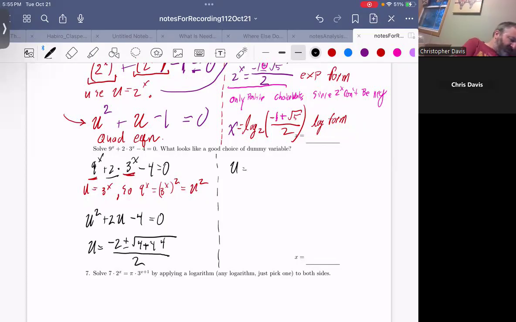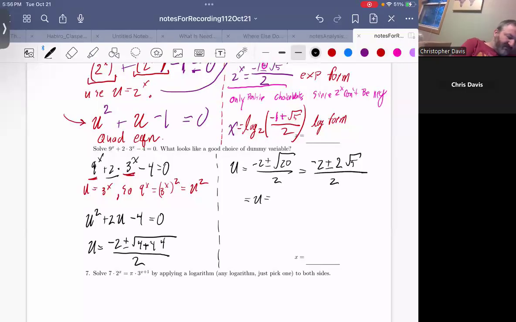So looks like I'm getting u equals negative 2 plus or minus root 20 all over 2. But if you keep staring at that a little bit longer, 20 has some perfect square factors. Negative 2 plus or minus, 20 is 4 times 5, so I can pull out the 2, root 5 all over 2.